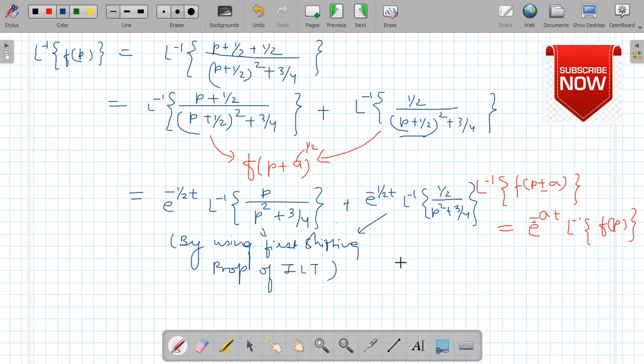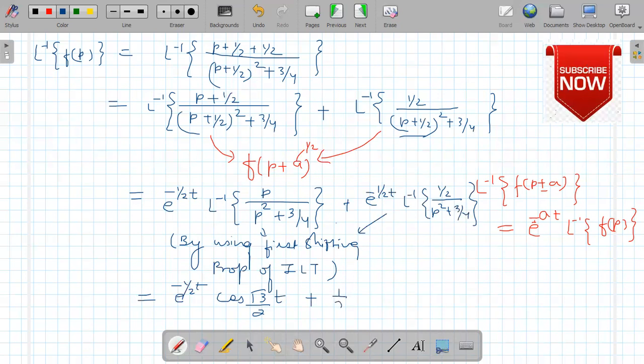Okay, so this is e raised to the power minus half t. Its Laplace inverse will be cos root 3 by 2 t, because if we make the square of this, it is root 3 by 2 whole square, so it's p upon p square plus a square type of expression, whose Laplace inverse is cos at. Plus here we need root 3 by 2 in the numerator, because here we have root 3 by 2 whole square.